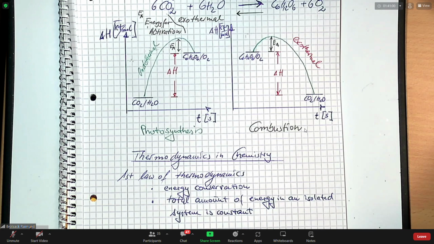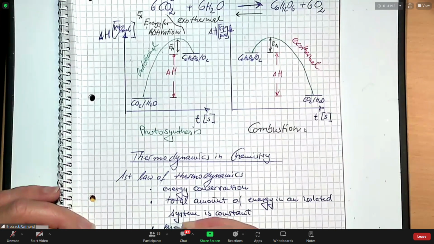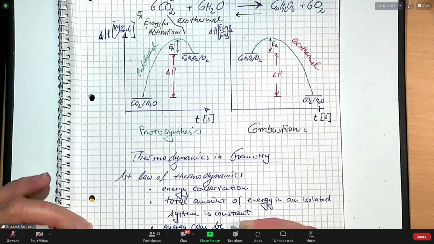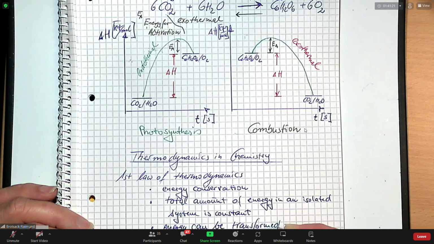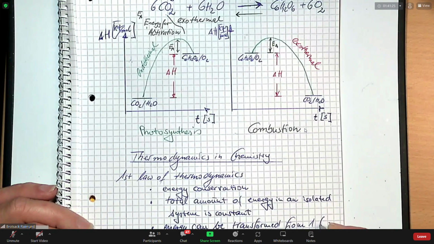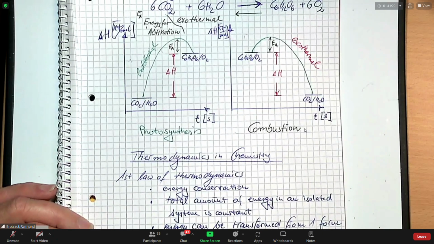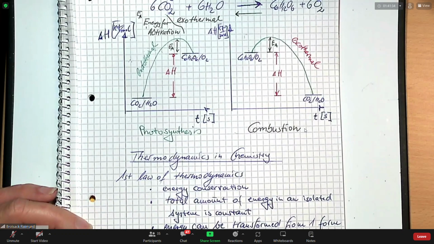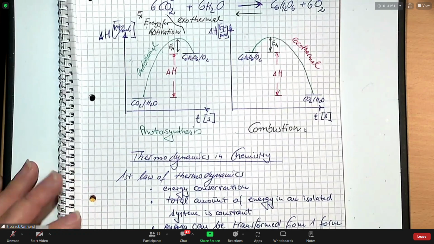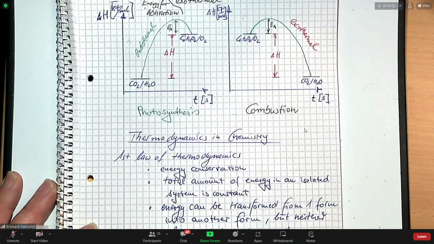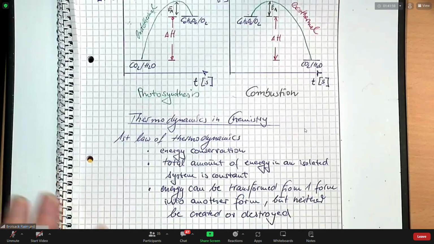Energy can be transformed from one form into another form, but neither be created nor destroyed.